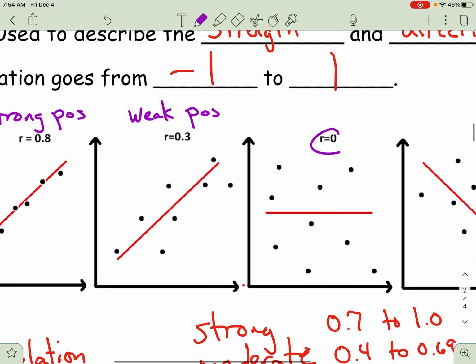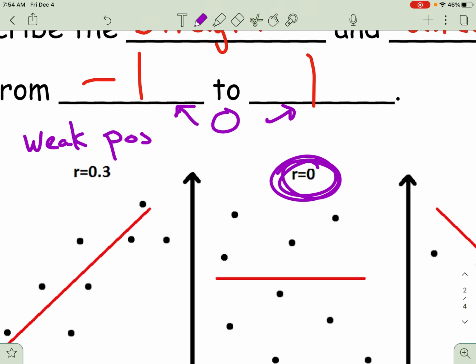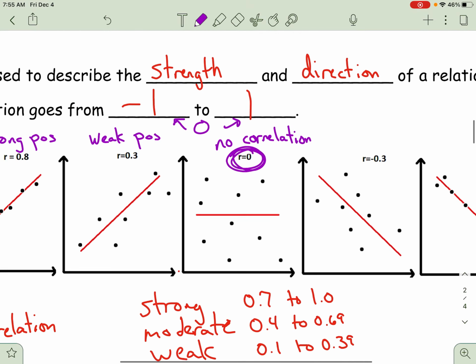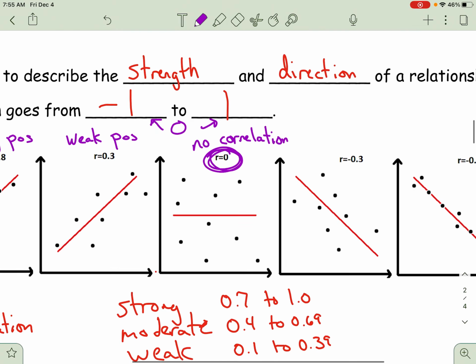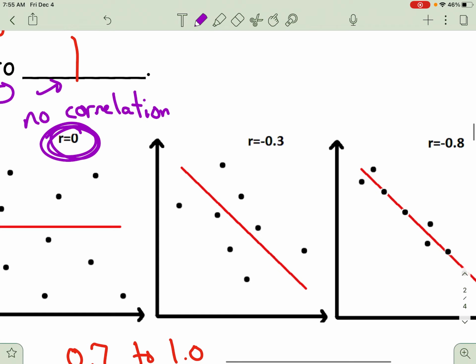Okay, if it's 0, so there's a 0 in between the 1 and the -1, that means this has no correlation. Some of you would argue that video games and grades have no correlation, which isn't true, but I like your effort. An R value of -0.3 is a weak negative.